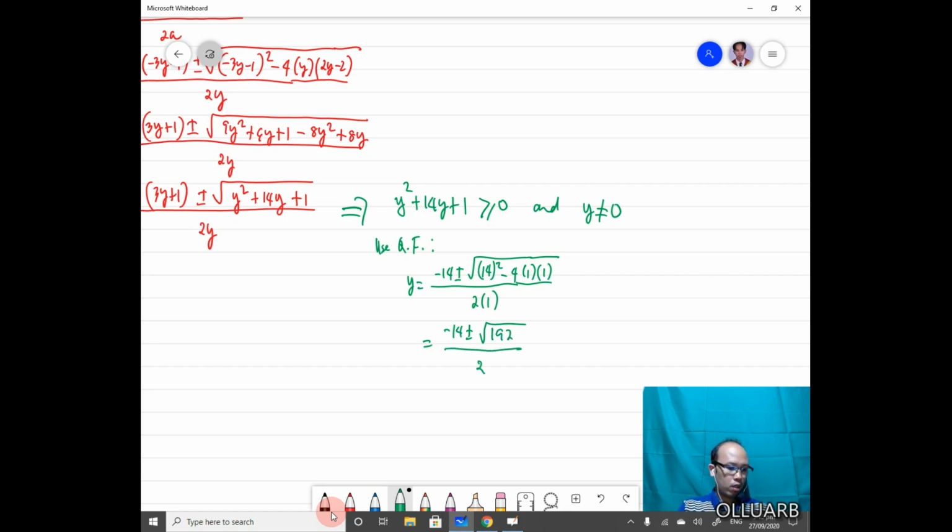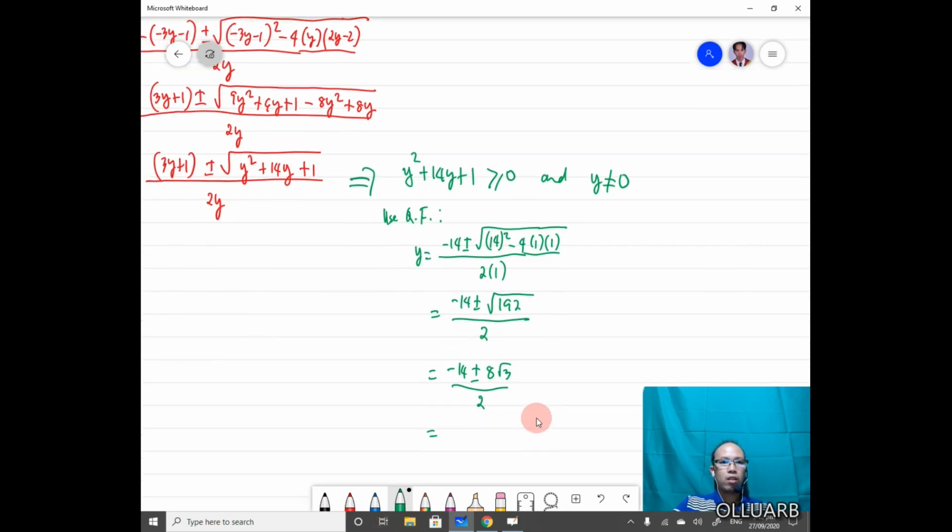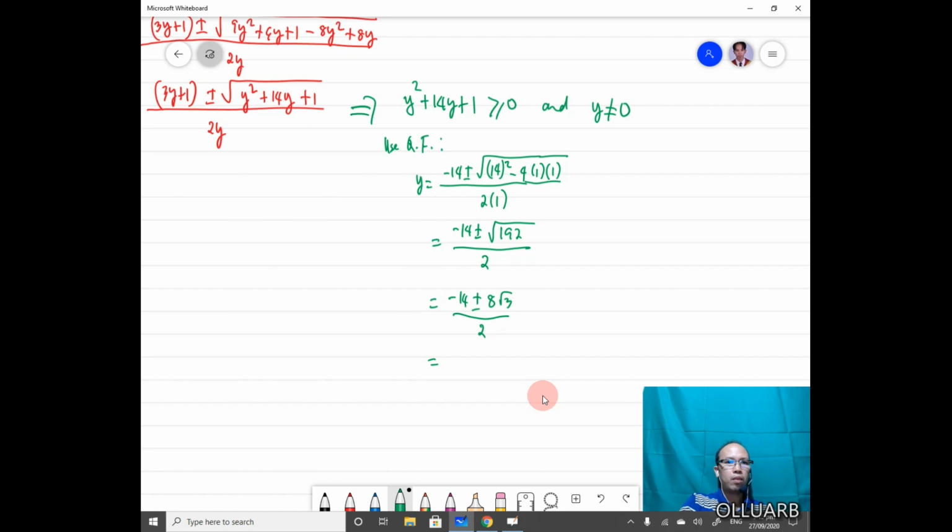Can we simplify the square root of 192? So the answer is negative 14 plus or minus 8 square root of 3, over 2. Let's further simplify. We have negative 7 plus or minus 4 square root of 3.